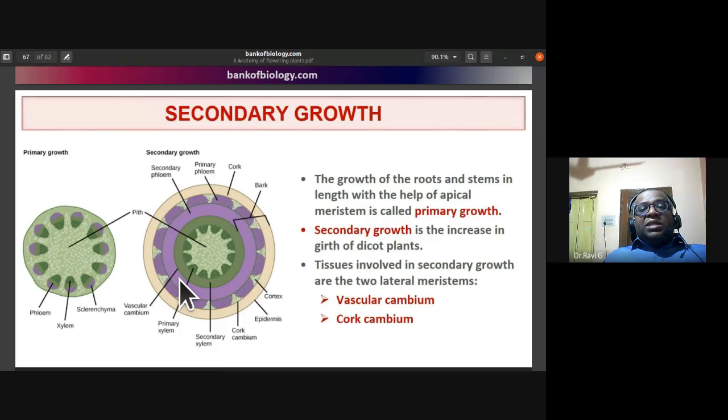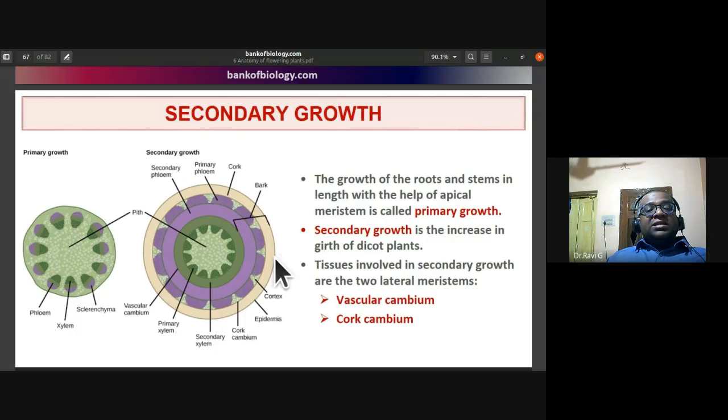The lateral meristem includes vascular cambium, cork cambium and interfascicular cambium. The growth of the roots and stem in length with the help of apical meristem and intercalary meristem is called primary growth.